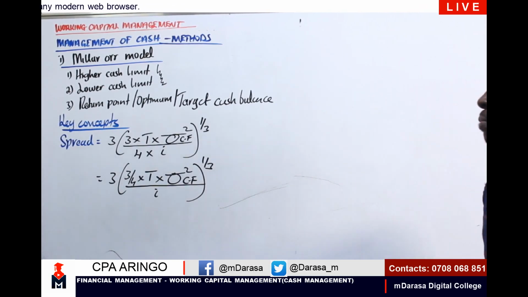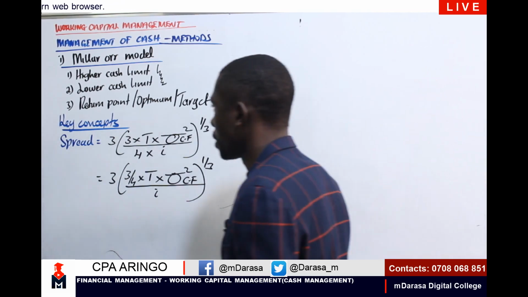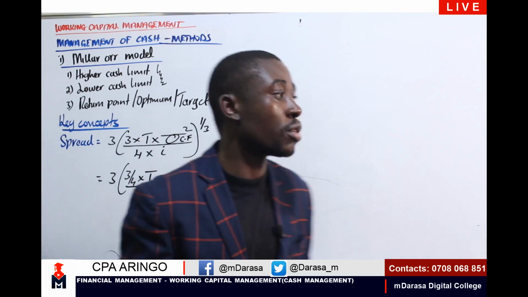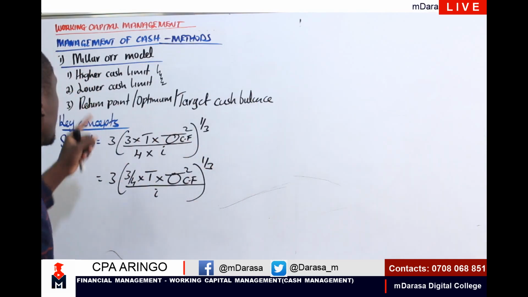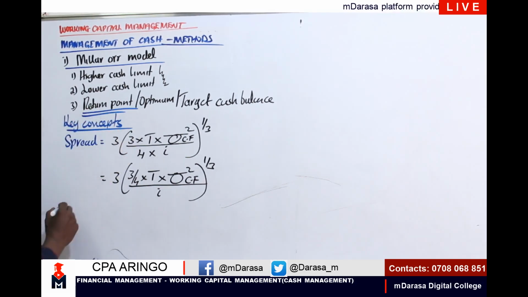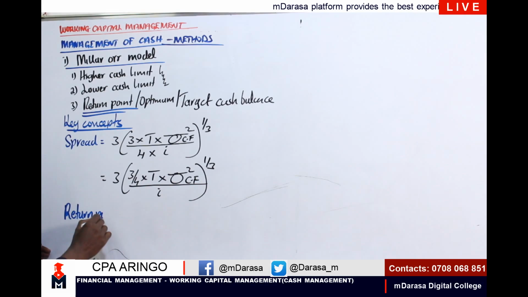Now, because spread is always a very key element, so long as I have the spread, we can determine what we're referring to as the return point. In the event that I'm required to determine our return point, what must we always have in mind?